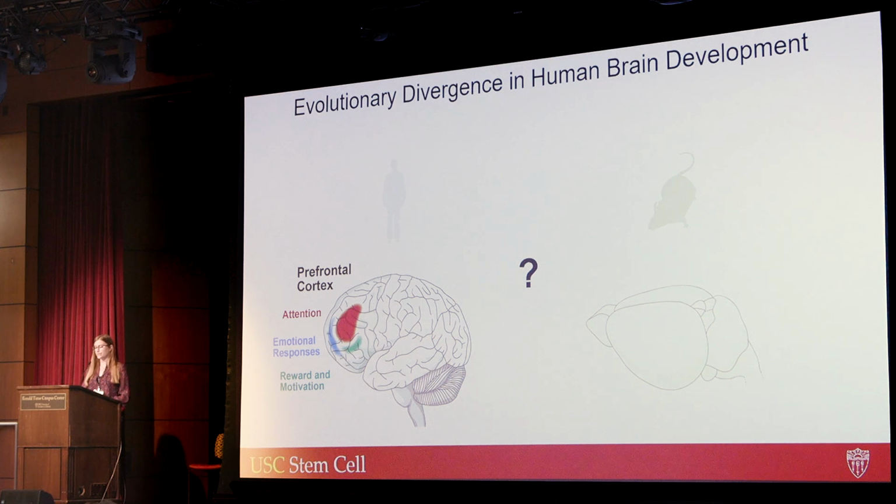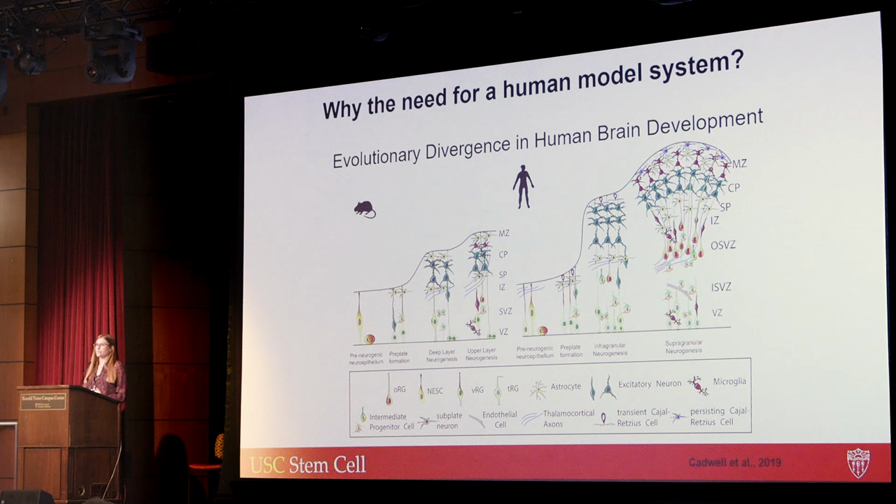And so when we study these disorders, we know that high-order cognitive functions are associated with specific areas within the cortex. And in the human, we have this really mapped out in the human brain. However, when we want to study these disorders in the lab, we mainly use rodent models. But what we need to consider is that we have differences in the cytoarchitectural structure of the cortex.